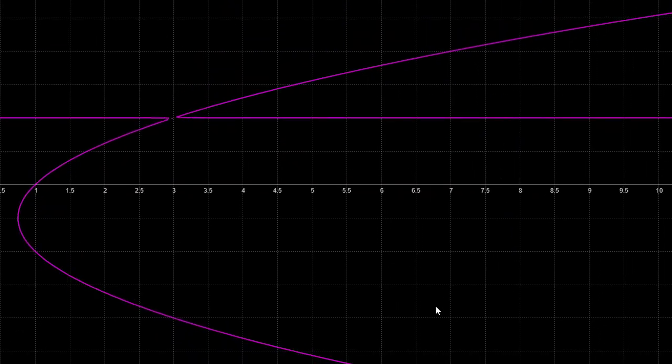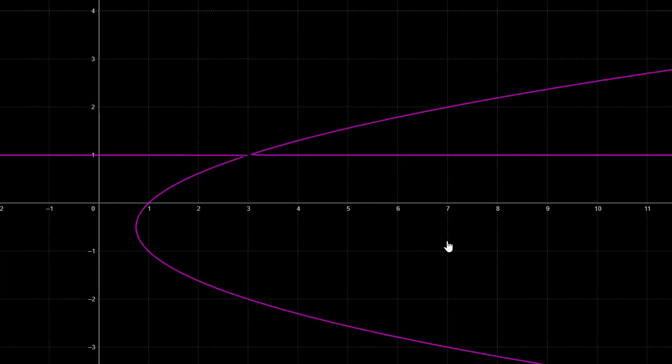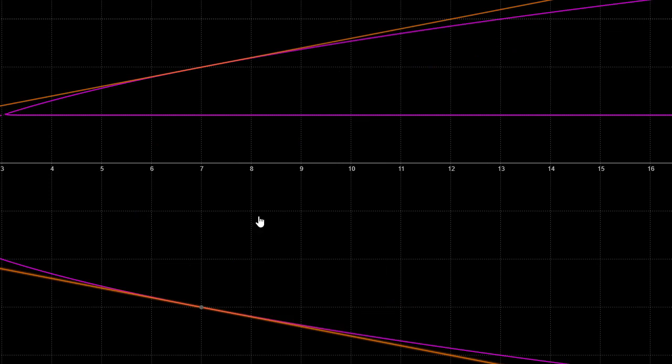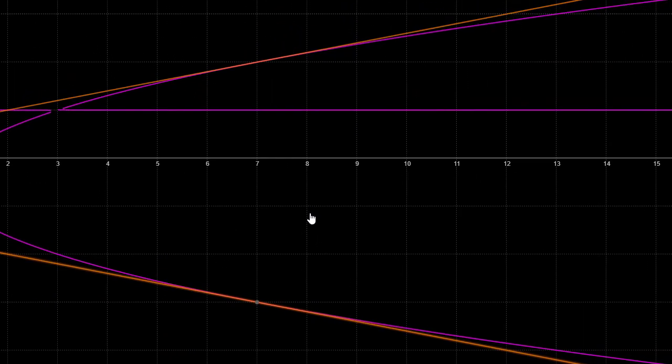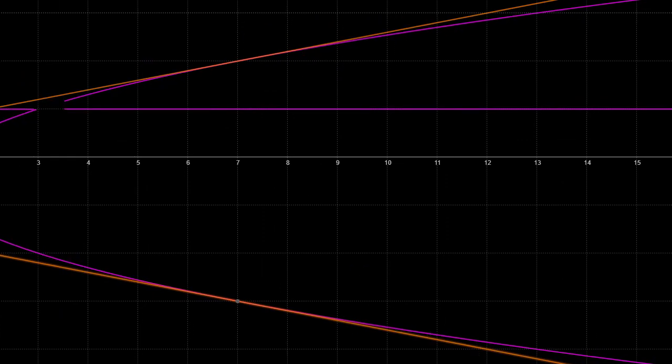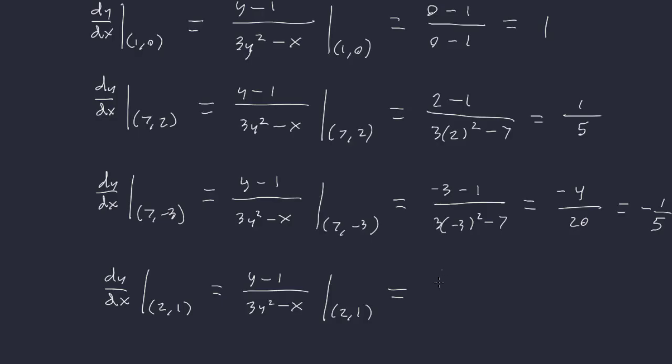Now, we can see that, at least here on the parabola, these should line up, and that's kind of what we got. If we graph the tangent lines real quick, as you can see, the tangent lines essentially match. We get the 1/5 and the -1/5.